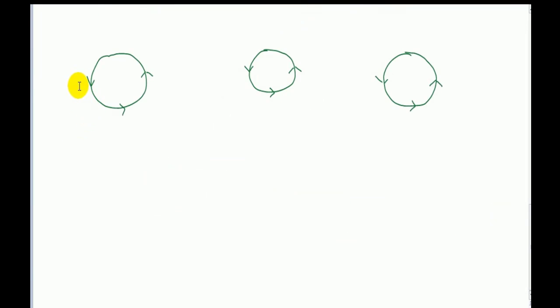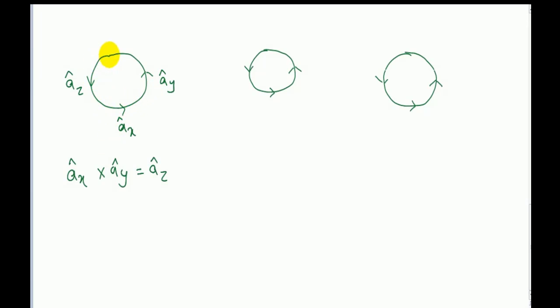Now if I talk about the cross product of the unit vectors, in the Cartesian coordinate system, ax, ay, az will follow this rule. If I take the cross product of ax cross ay, I will get az. If I go az cross ax, I will get ay.